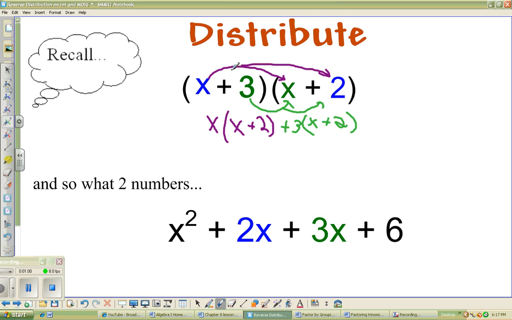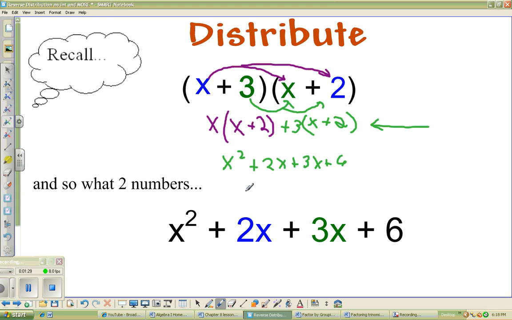Now those of you that foil then show the same thing as I'm showing here. X squared plus 2x plus 3x plus 6. The advantage of this step right here is that we are grouping, so that will come in later.